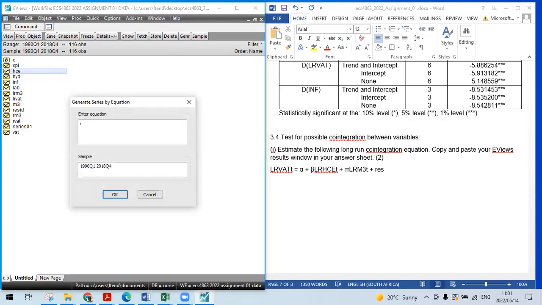It will be RHCE equal to log of what? HCE. No, we have to make it real first. How do we make it real? It's HCE divided by CPI, multiplied by 100. Times 100. Thank you so much for that.